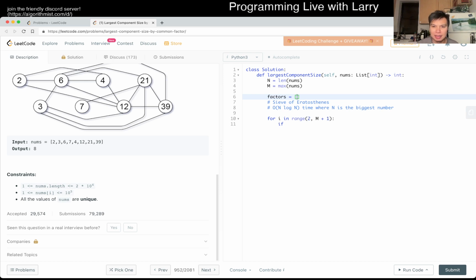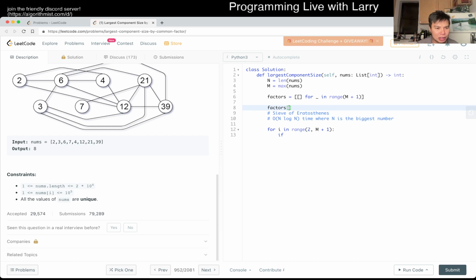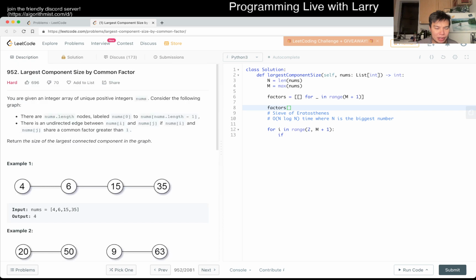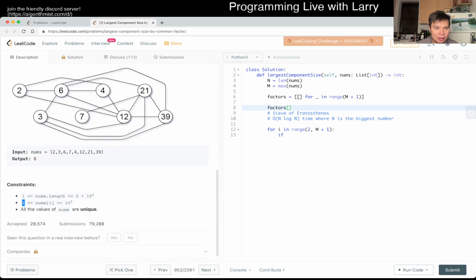It's probably okay. Let's just do this. Right. So let's say we have factors of. I think 1 is the weird one, maybe. Huh. Actually, I didn't even think about the 1 situation.